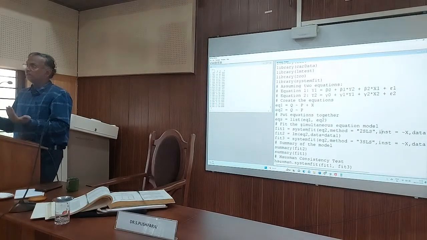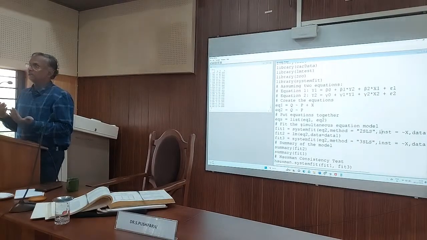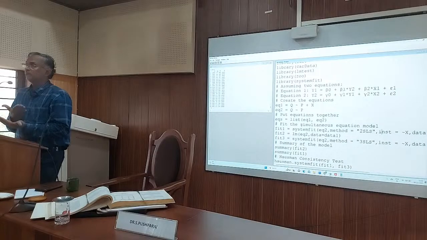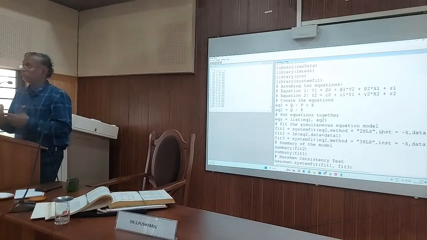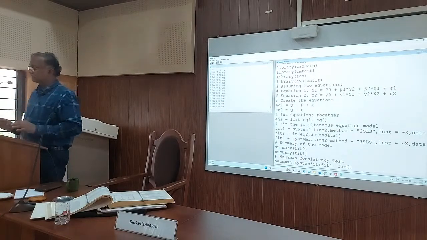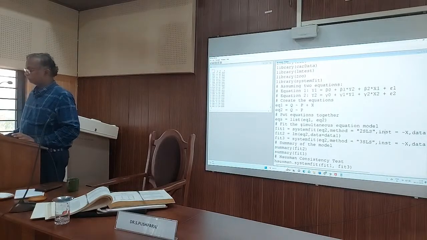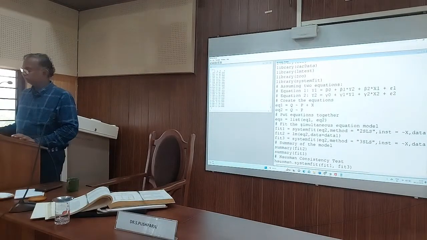P and Q are determined inside the model. In the market model, the equilibrium price and equilibrium quantity are determined inside the model. They are endogenous. What is left out is income in the market model, so that X is exogenous. So inst is the specification.